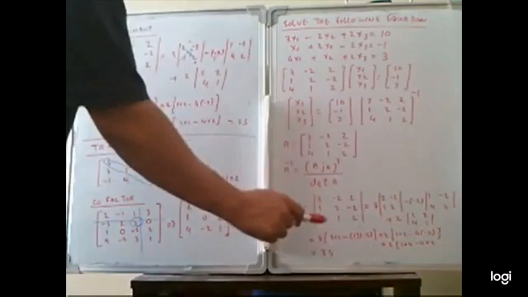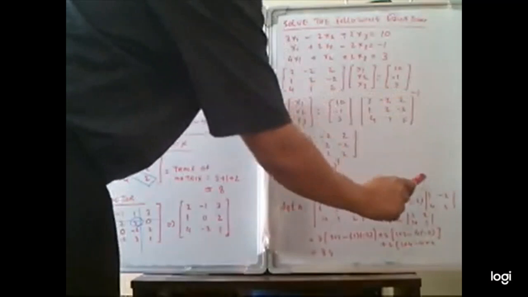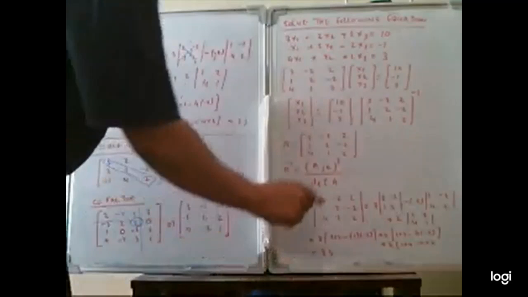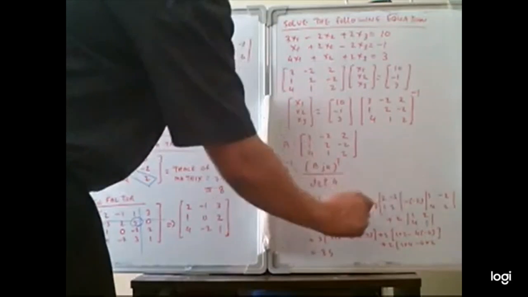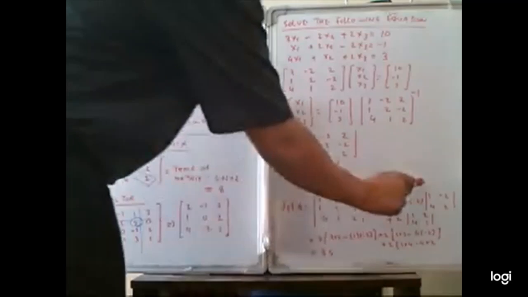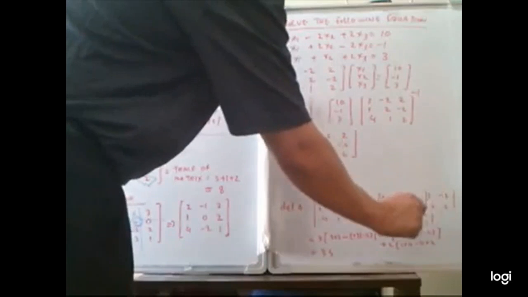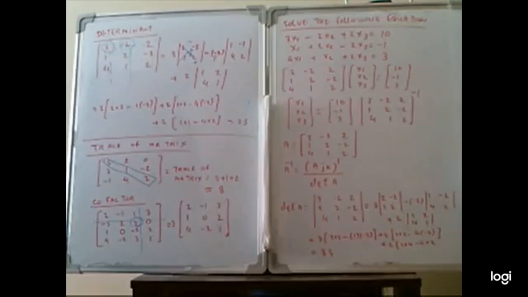Then multiply in this direction positive, and that direction negative. So this one positive, 2 multiply 2, and this one negative, minus 1 times 1 is minus 2. And that direction multiplication positive, 1 multiply 2, minus that direction, 4 multiply minus 2.